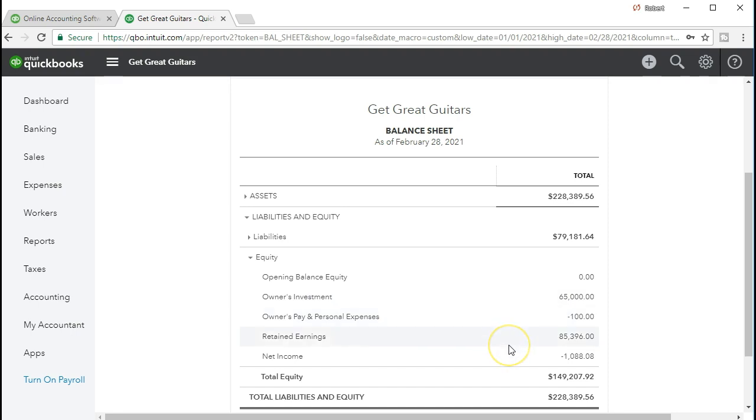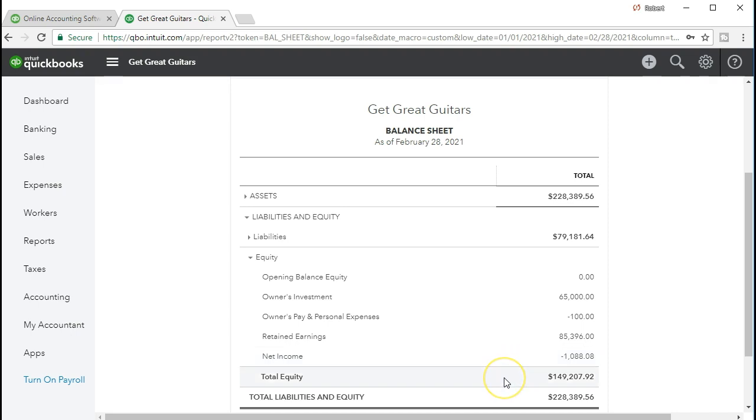And then it uses the term here, retained earnings, which sounds more like a corporation term, a capital account would sound more like a sole proprietor term. So the equity section terminology is a little different, but on the whole, the thing is all the same. Then we have, of course, the net income, which again would typically be on the income statement and not included in the balance sheet.